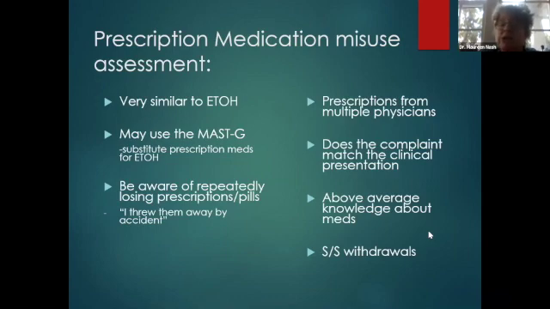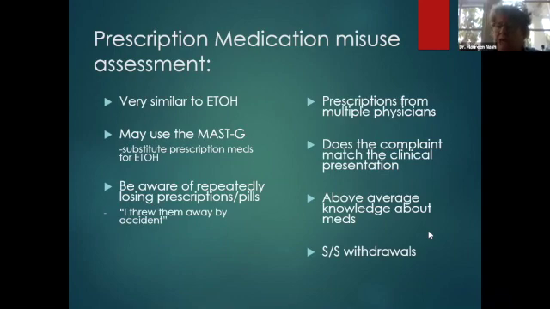And the things that I'm looking for is this person getting multiple prescriptions for opiates, say, from multiple physicians? And is there evidence that they're misusing it, that they're getting large supplies?